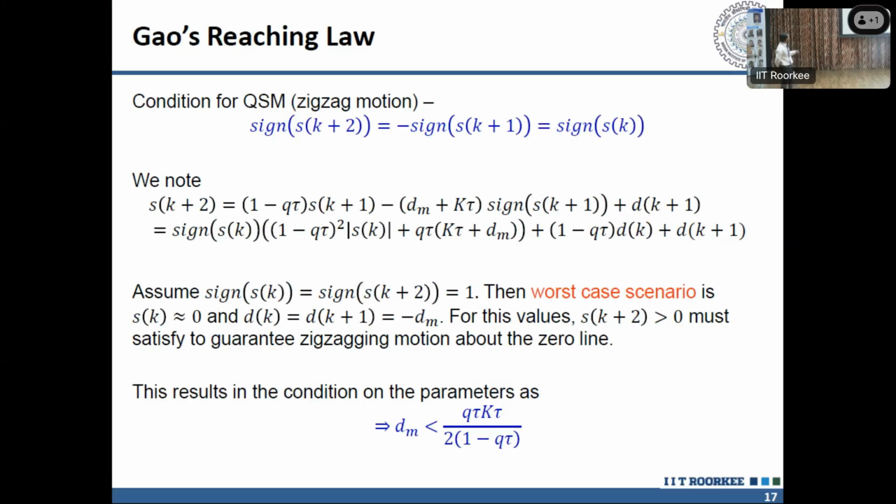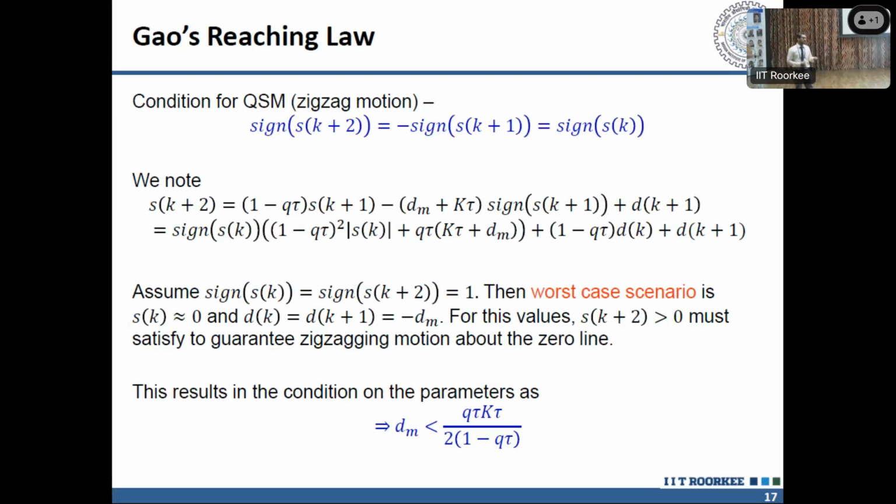So we can assume that the sign of Sk is 1, so we start from the positive direction. This is the style of analysis we do in discrete time sliding mode control, that we take the worst case scenario. We see what is the worst value of Sk plus 2 that can be there.